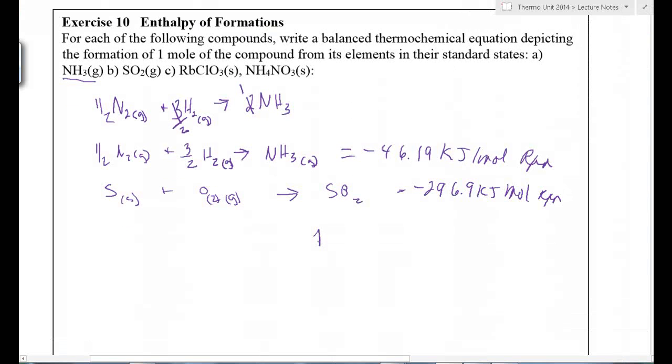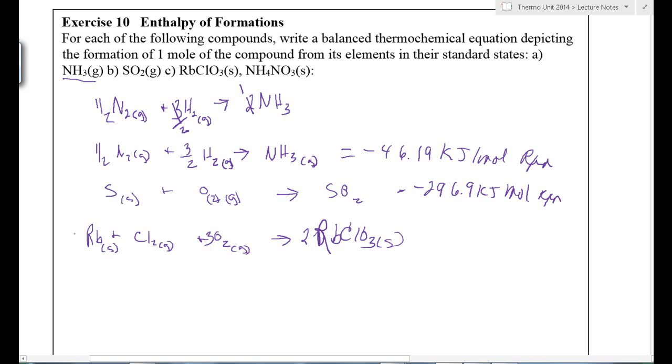Next I'm going to have rubidium chlorate over here, and its standard state is a solid. It's going to be formed from rubidium plus chlorine, which would be Cl2 as a gas. Rubidium is going to be a solid because it's a metal, and O2, which is also a gas, of course. If I balance this, I'm going to need to double this to get 6 oxygen, so that'll be a 3.